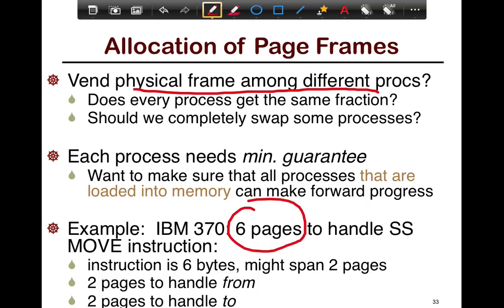So you needed to ensure that every process had at least 6 pages. If the process had an SS move instruction that needed 6 pages, and you didn't vend out 6 pages to the process, then it would keep page faulting repeatedly and never make progress. And so the minimum page guarantee is something that the hardware designer tells the operating system about.